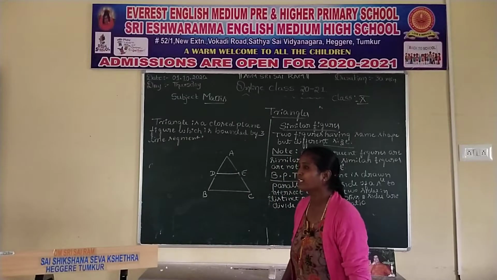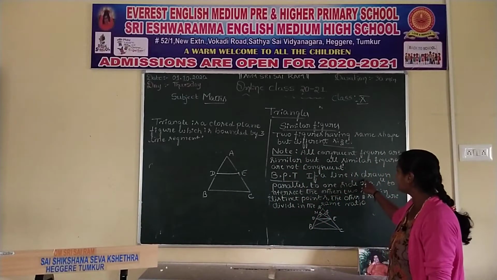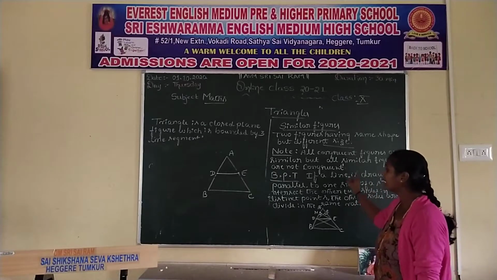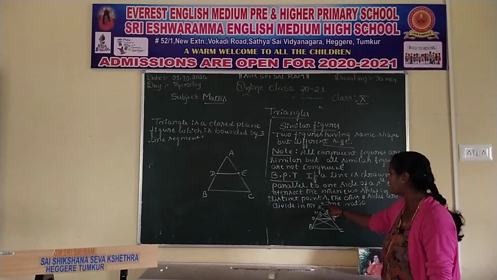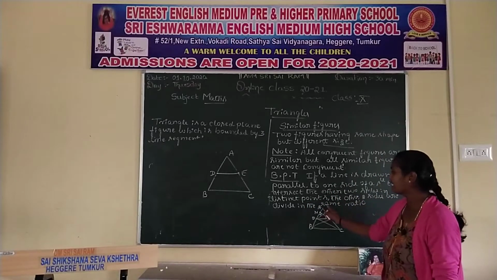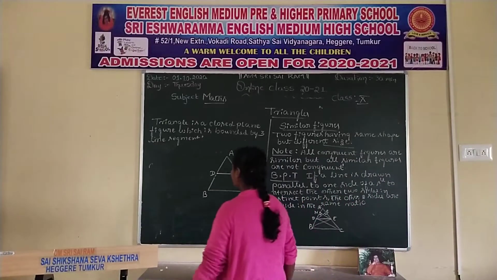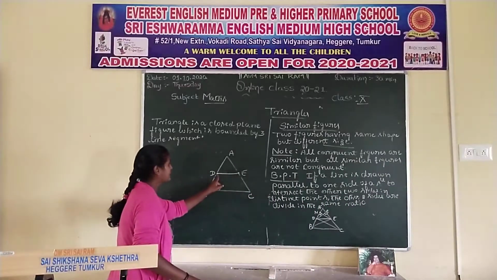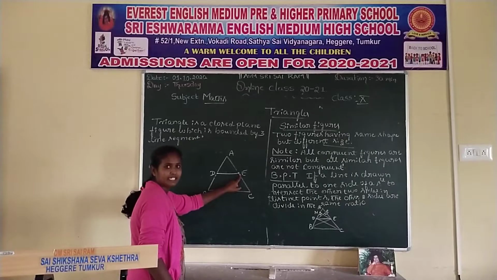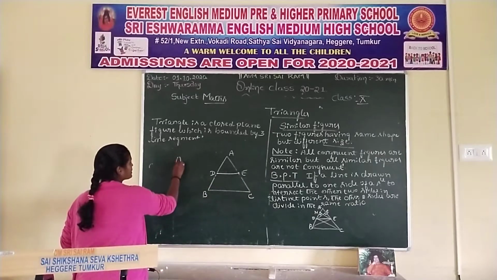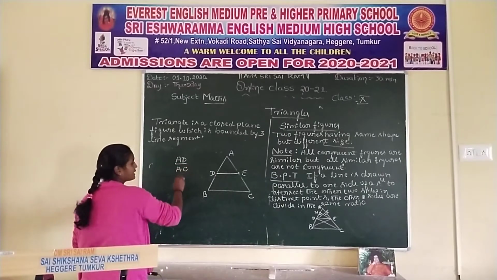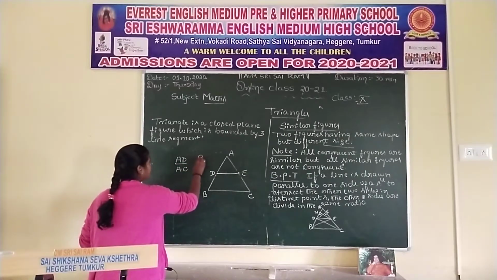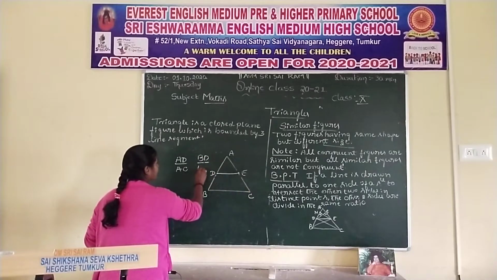So what is the statement of BPT? If a line is drawn parallel to one side of a triangle to intersect the other two sides in two distinct points, the other two sides are divided in the same ratio. See here, the two distinct points are D and E. It divides into the same ratios: AD divided by BD is equal to AE divided by EC.